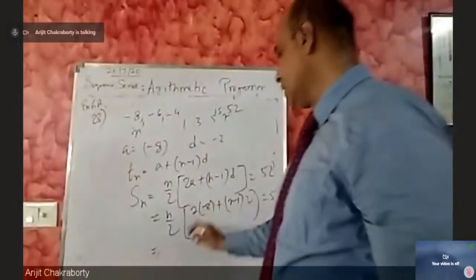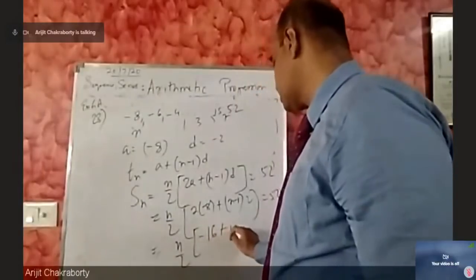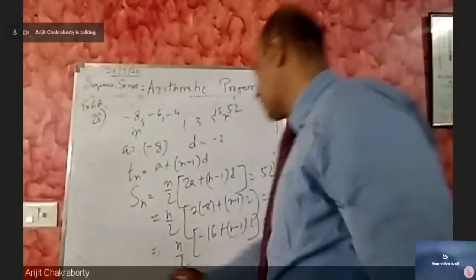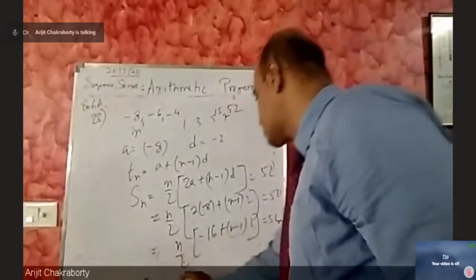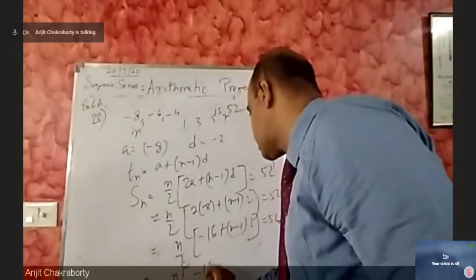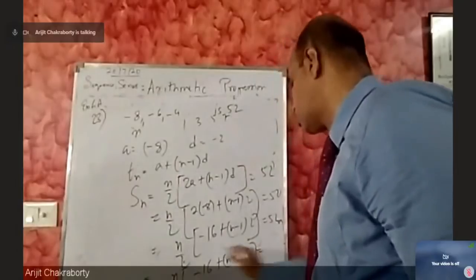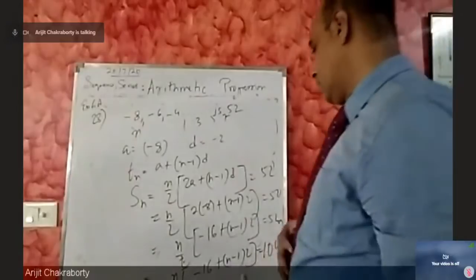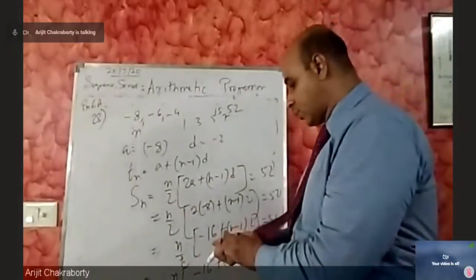So we are getting n by 2 into minus 16 plus n minus 1 into 2 is equal to 52. If you transpose this, you are getting n into minus 16 plus n minus 1 into 2 equal to 104. Now it's a question of a quadratic equation.